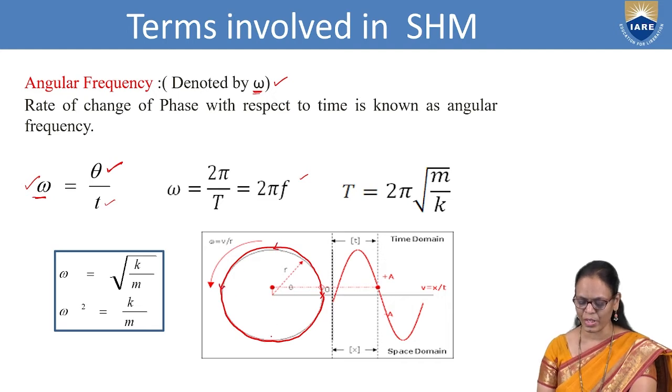Now, as the particle moves, the foot of the perpendicular drawn onto this diameter moves along the diameter. It makes a simple harmonic motion. Means when the object is here, it is here.